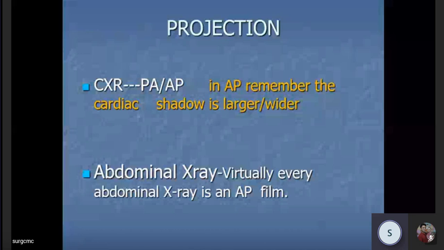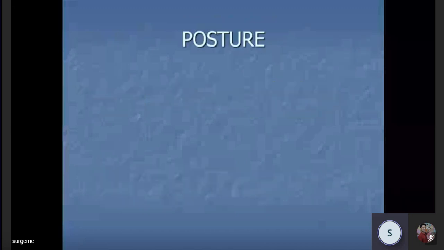An abdomen, is it an AP or PA view? Abdominal X-rays, whatever X-ray you get on abdomen, mostly are AP films, the anterior-posterior films, not the posterior-anterior ones.